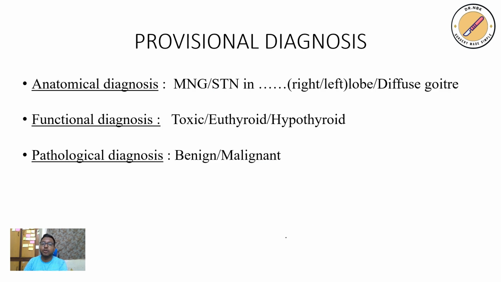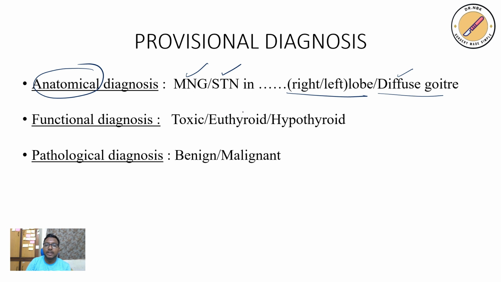Now coming to provisional diagnosis, I told you there are three important components. The first is anatomical diagnosis. Clinically, we have only three things: whether it is a solitary thyroid nodule, and if so, which lobe of the thyroid is involved, then multinodular goiter, then diffuse goiter, right? Only three terms clinically.